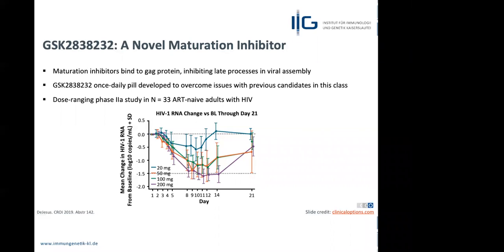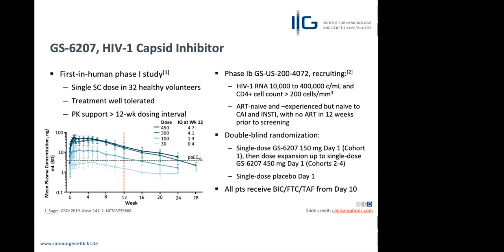There are novel maturation inhibitors in testing, presented at CROI 2019, this year. Capsid inhibitors are under development, but these are all phase 1 studies, so it's quite early, and it will take some while before they are coming to the clinics.